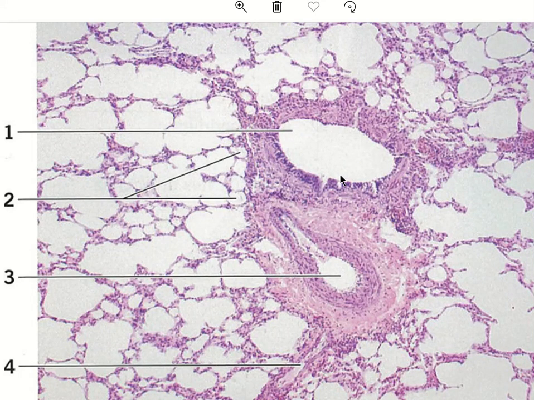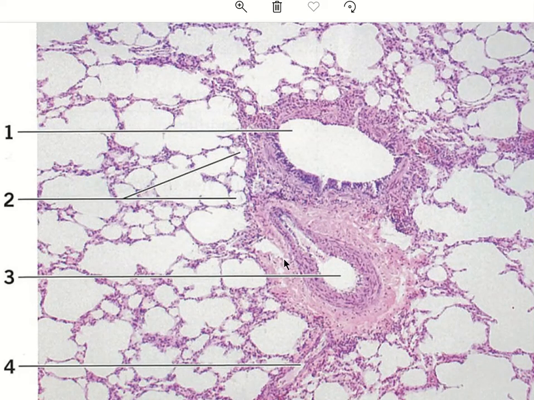Because pretty much air is going through these, and they're going to deliver the air to alveolar ducts and alveoli and whatnot. And this, number 2, is going to be your arterial blood vessel.